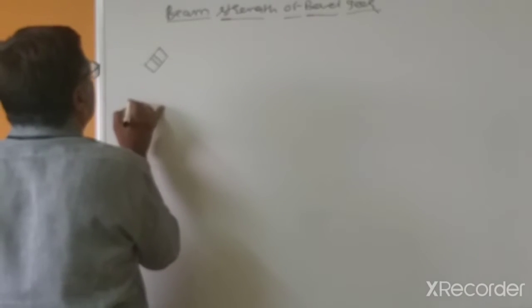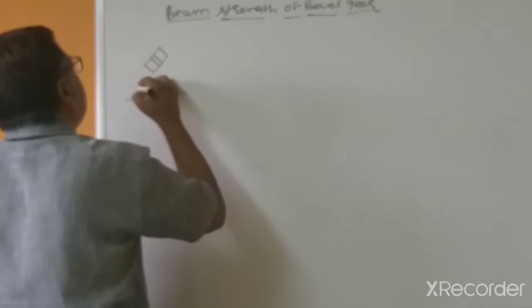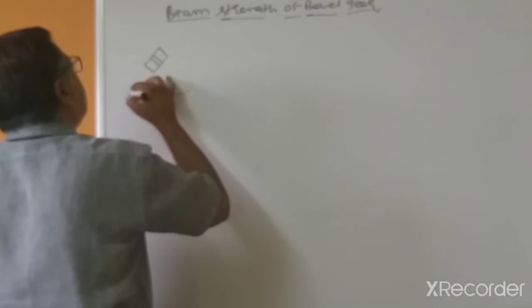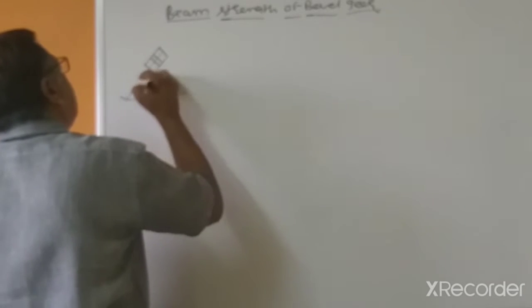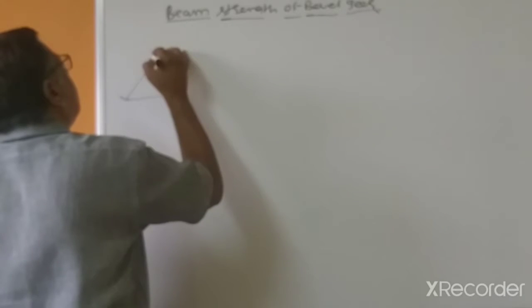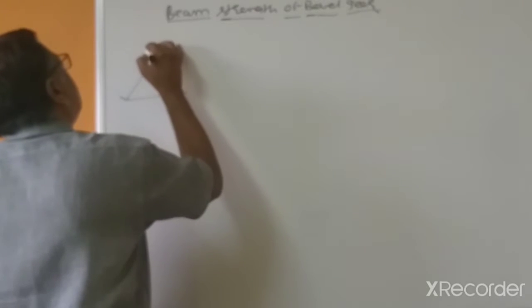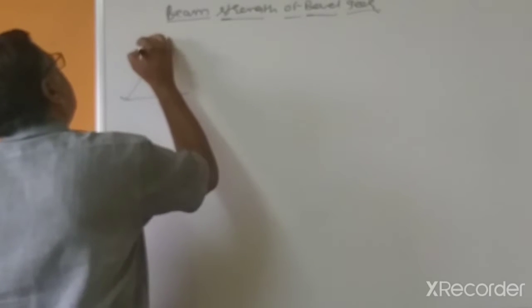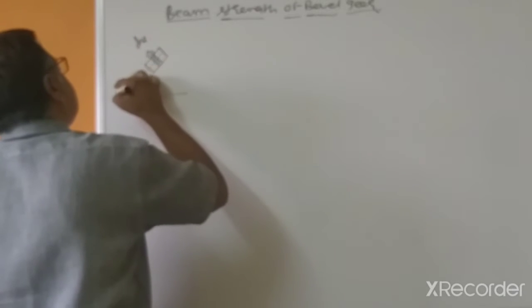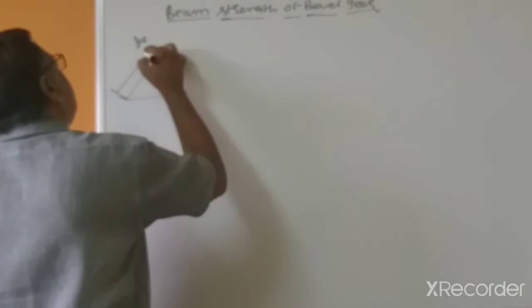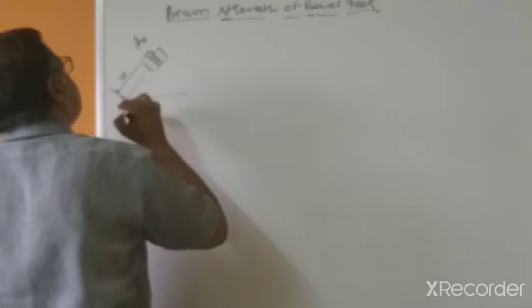Suppose this is a tooth of the bevel gear, and this is an elemental area dx having face width dx, and this distance is equal to x.